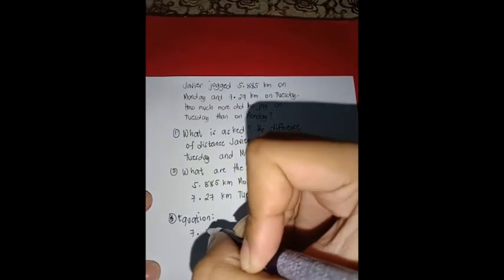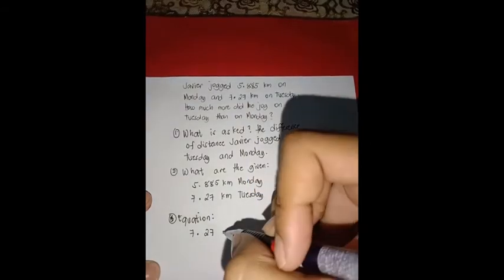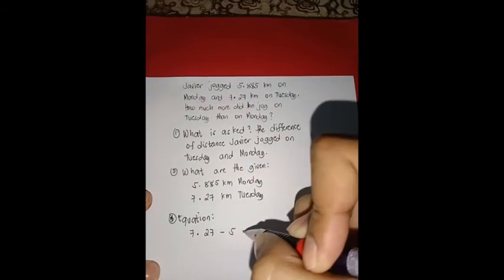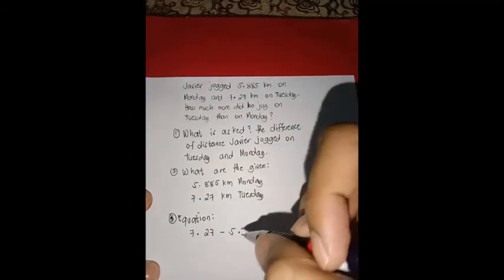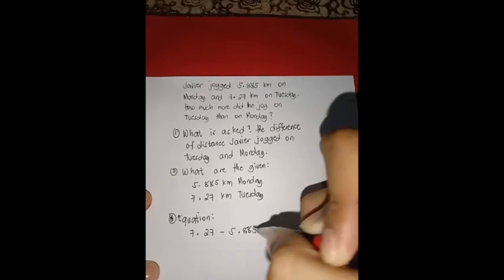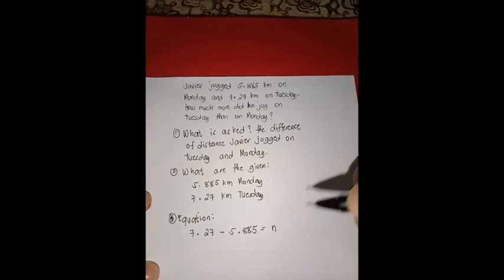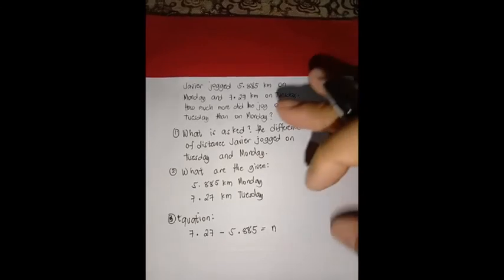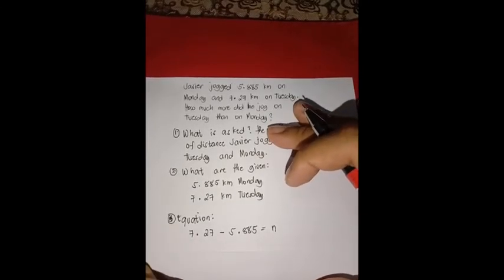So therefore, we need to subtract. So 7 and 27 minus 5 and 885 is equals to n. So n meaning unknown.